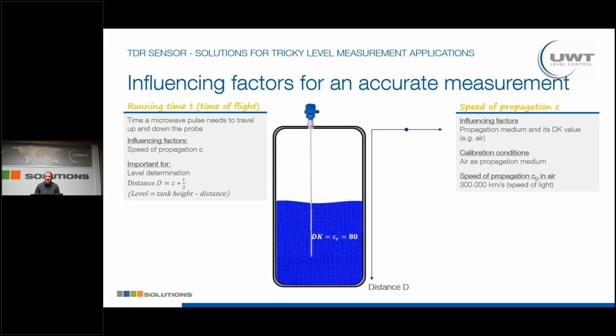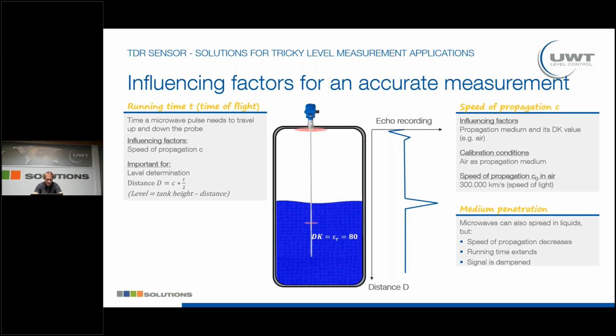This is then important for interface measurements because there the speed of propagation decreases, but we'll come later on to this topic. So this is how it looks like, and here you can also see that as soon as the microwave reaches the medium, it travels a little bit inside the medium, but the speed of propagation decreases.